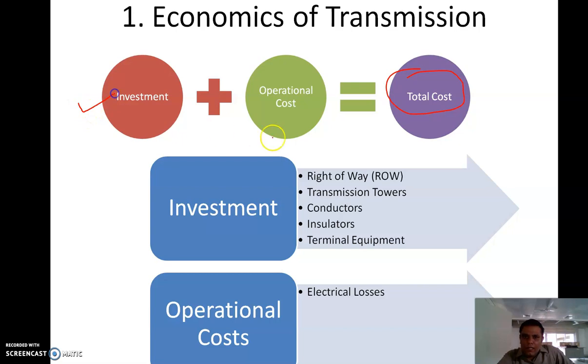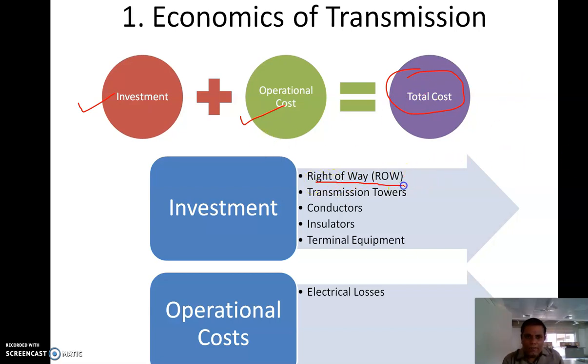First is the investment and the second is the cost, or we can also say the capital cost and the running cost, right? So what are the parameters that we need to consider when we talk about the investment? So when I say investment or the capital cost, these things are involved.